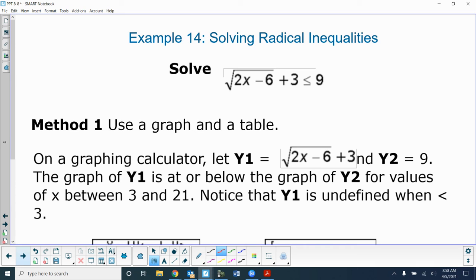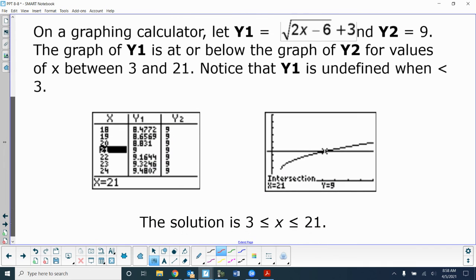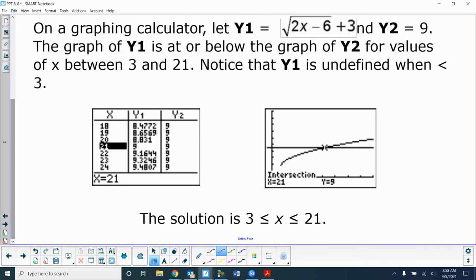All right, so we can do the same thing here as we did. You can do the plus 3 and that, and then graph them. Okay, so the answer is 21, all right? Or you can look at the table and see that.